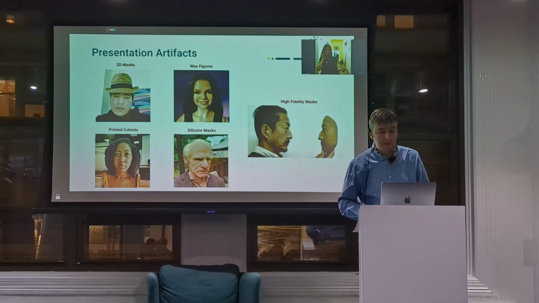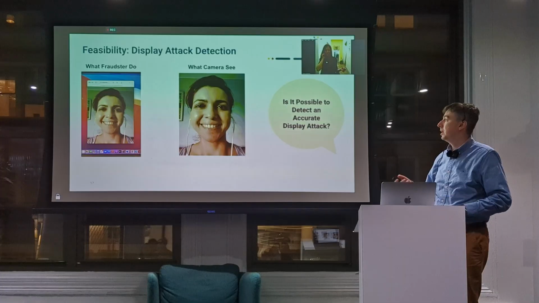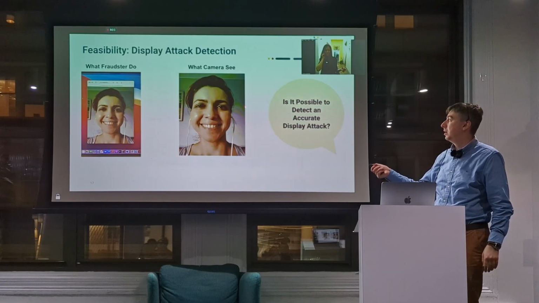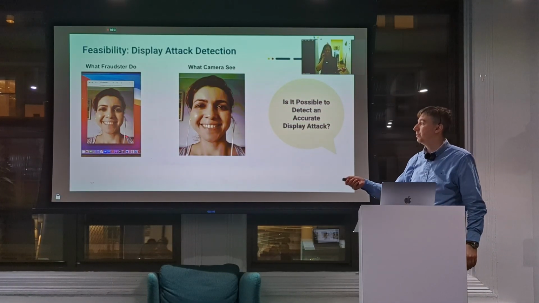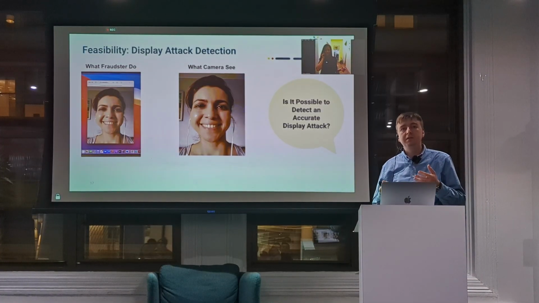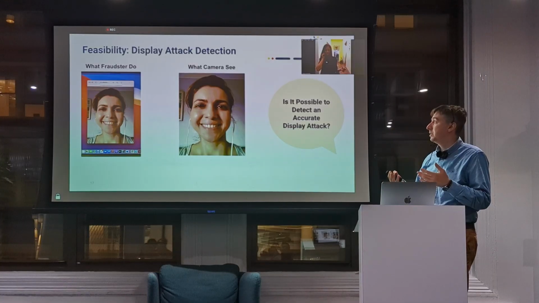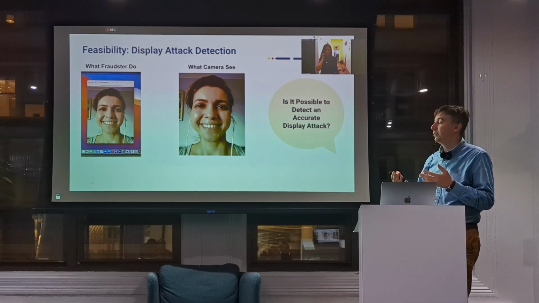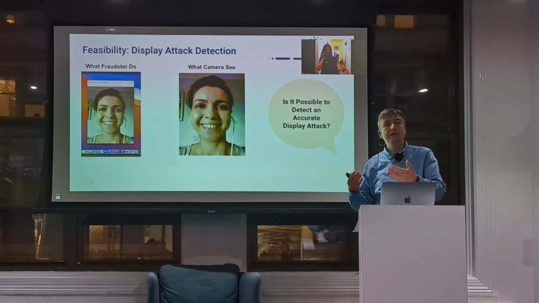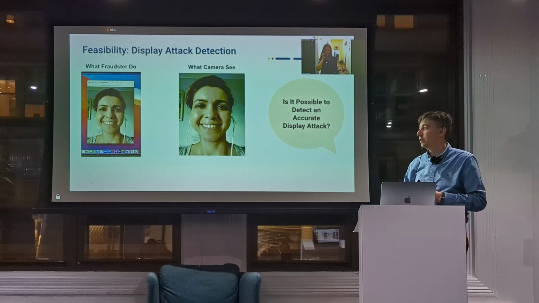If we look at this example, what the camera sees when presenting an image from the screen, is it really possible to detect that this is not a real face, but a face presented from the screen? Is it actually feasible? That's the question.